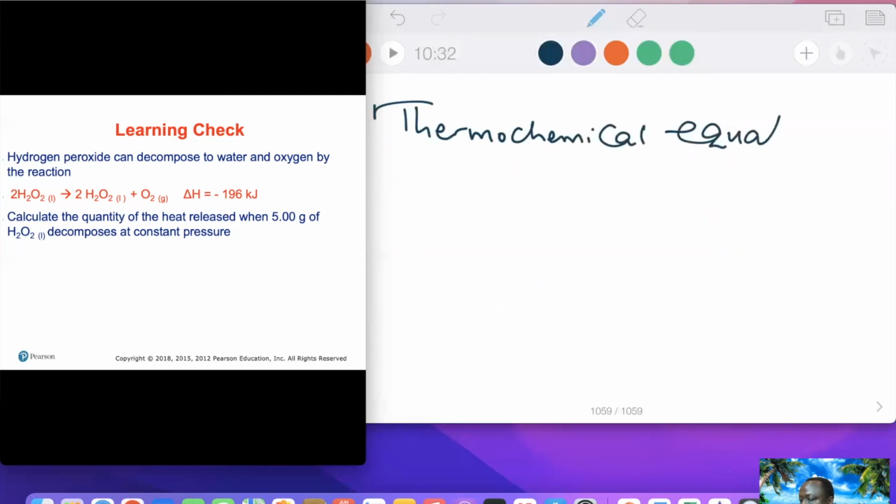That means it has the heat energy as part of the reaction.